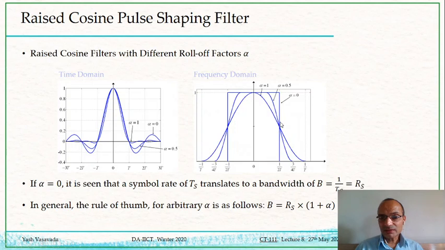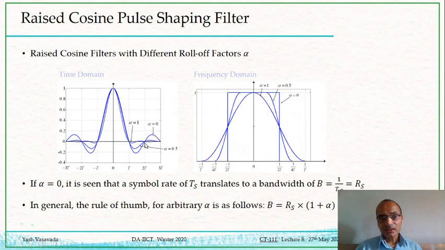But we know that when the frequency domain occupancy is a rectangular pulse, in the time domain I have a sinc function, which is shown by this alpha equal to 0 shape. And you see that this sinc function decays pretty slowly as I move away from t equal to 0. Which means that now, instead of adjacent channel interference in the frequency domain, I will have inter-symbol interference in the time domain.